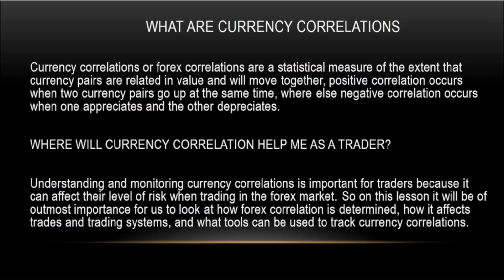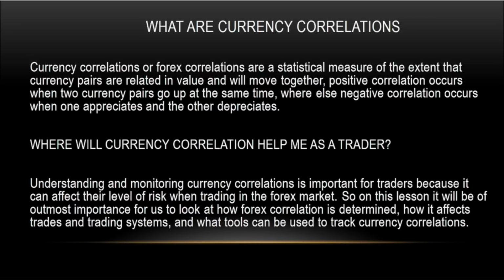In the simplest way, currency correlations or forex correlations are a statistical measure of the extent to which currency pairs are related in value and will move together. Positive correlation occurs when two currency pairs go up at the same time, whereas negative correlation occurs when one appreciates and the other depreciates.